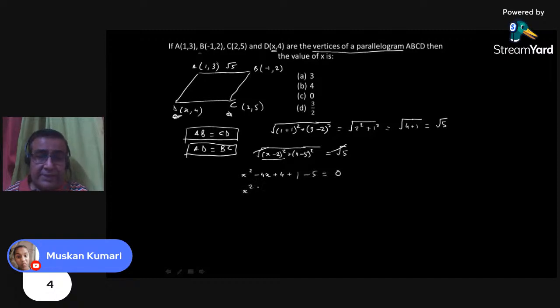So that gives us x square minus 4x, 4 plus 1 is 5, and 5 minus 5 is 0. So x square minus 4x is equal to 0. This is very simple. I can just take 4x to the other side. So x square should be equal to 4x, and then dividing both sides by x, I get x is equal to 4. So yes, 4 is the correct answer.